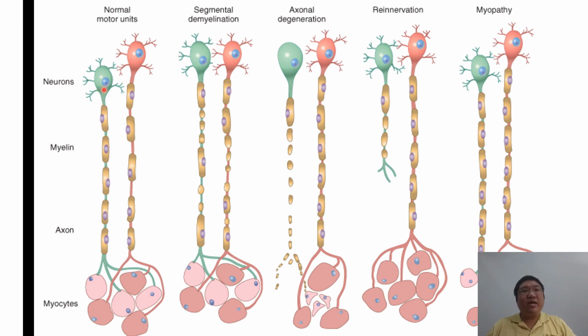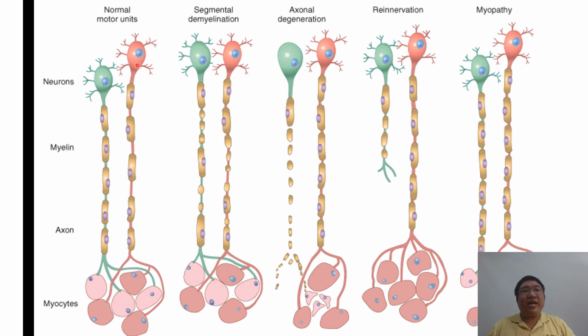If this neuron is programmed to supply muscle fiber type 1, for example, every fiber in this group will be muscle fiber type 1.